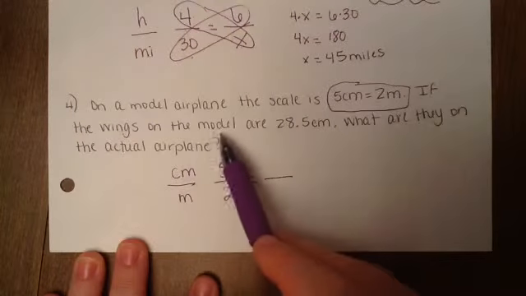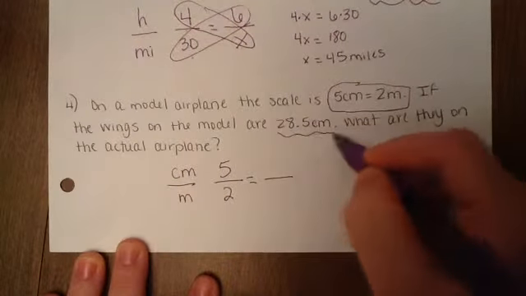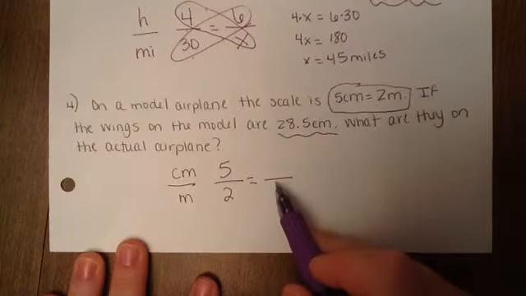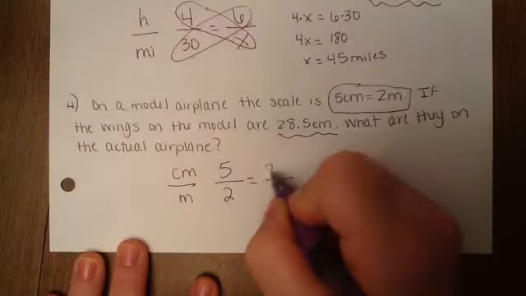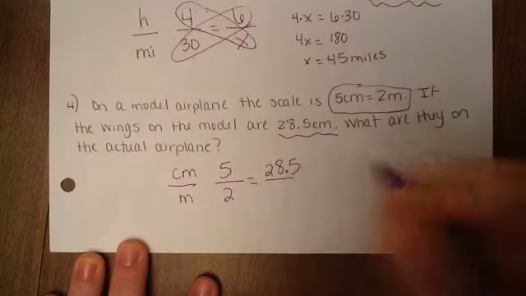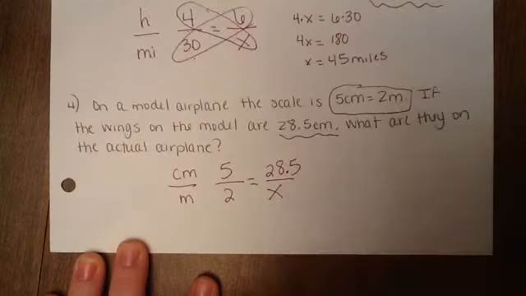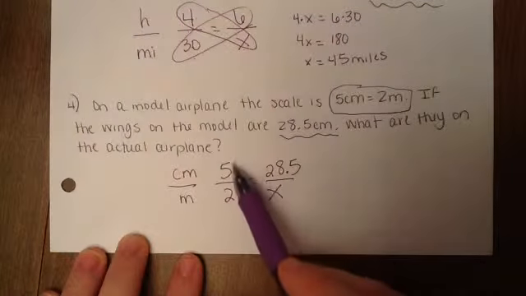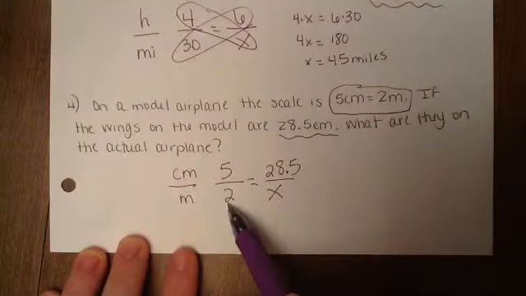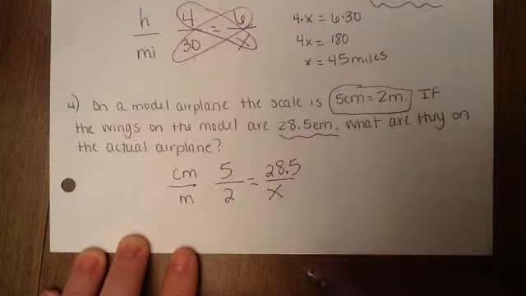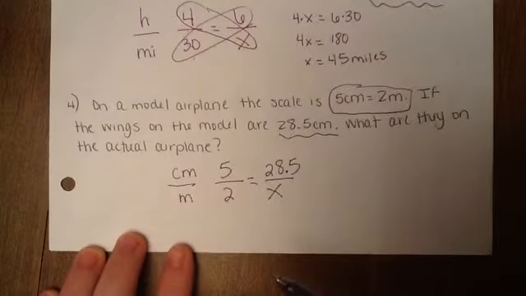If the wings on the model are 28.5 centimeters, so where does 28.5 go? On top. What are they on the actual airplane? 5 centimeters is the same as 2 meters in real life. The model is 28.5. We're not sure how far it is in real life.